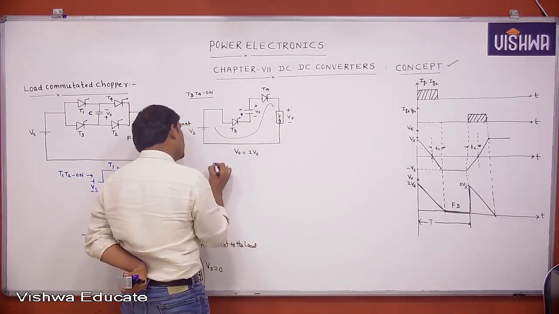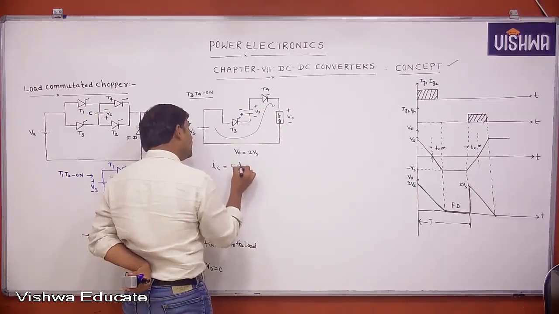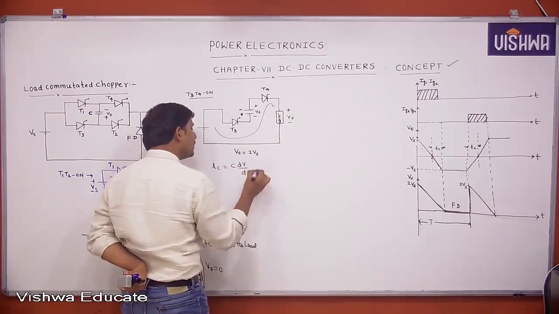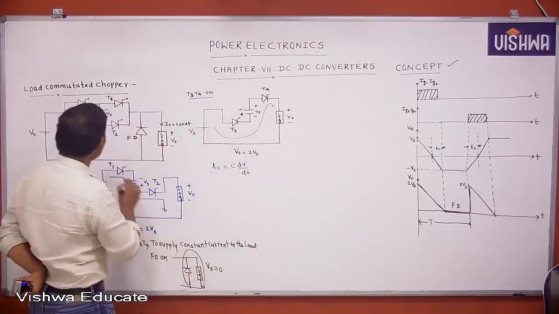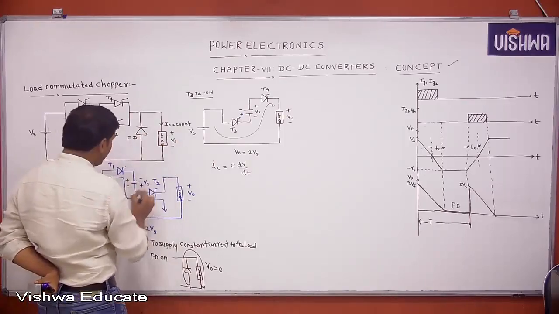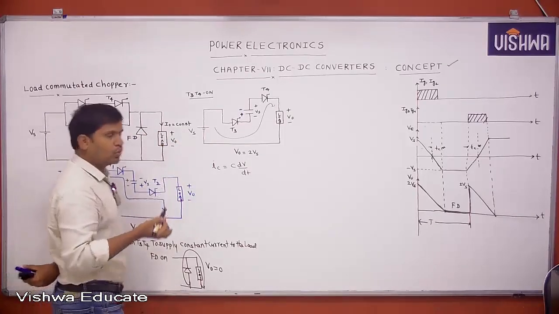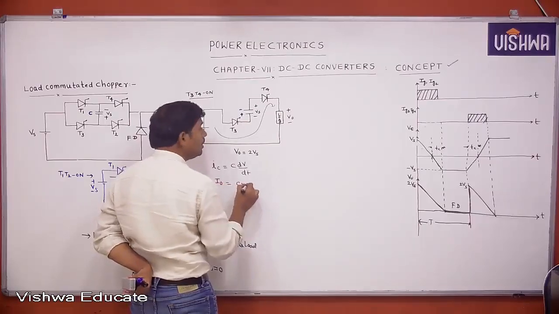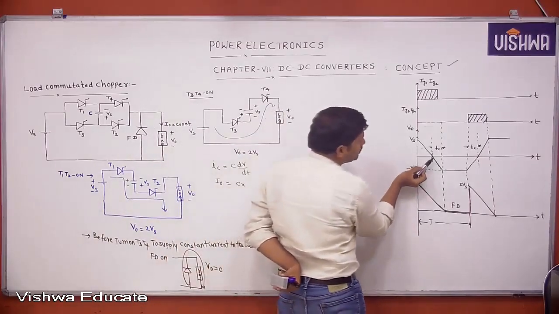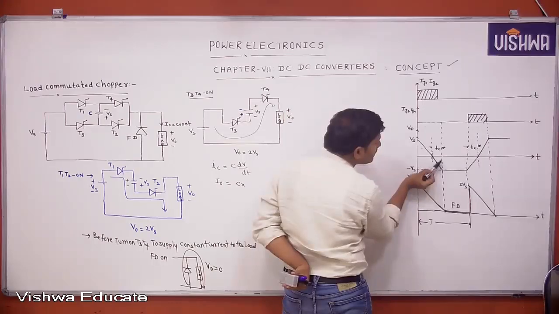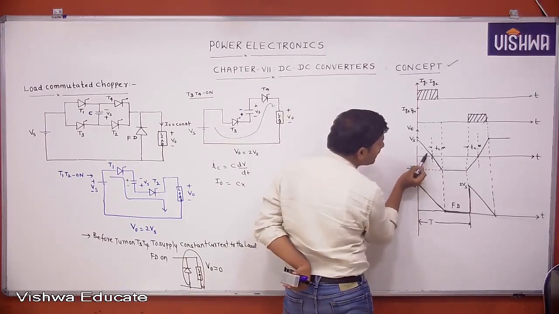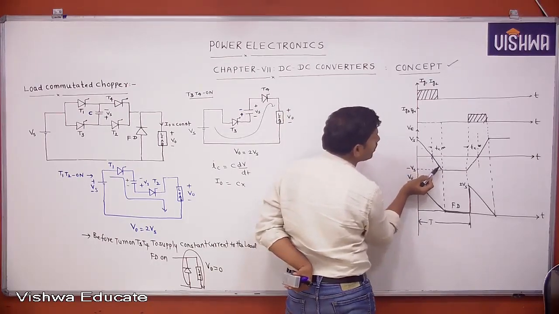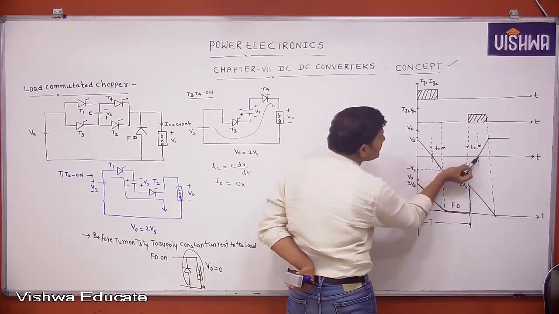Can you define it like this? IC equal to C into dV by dt. The current through the capacitor is the load current, so IC equals I0, and the voltage change is from 0 to minus Vs. This is the circuit turn-off time with respect to T3, T4, and this is the circuit turn-off time with respect to T1, T2.